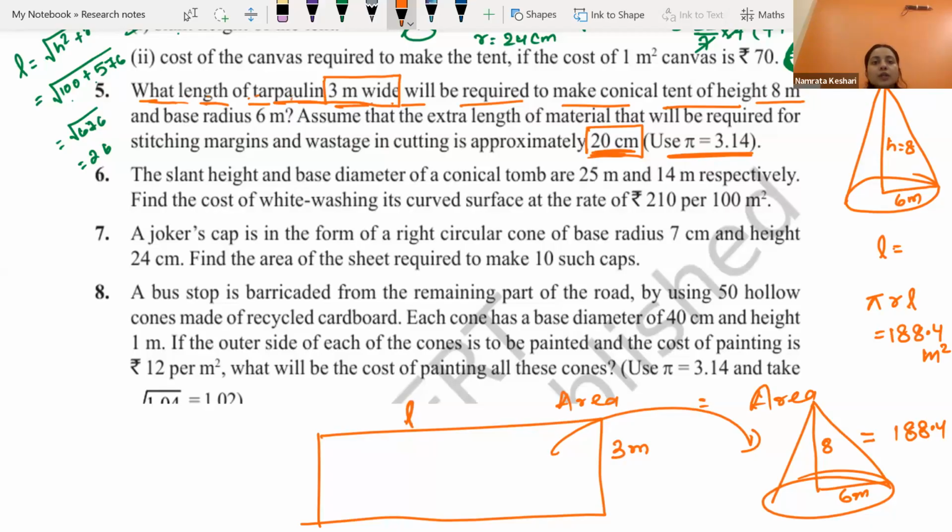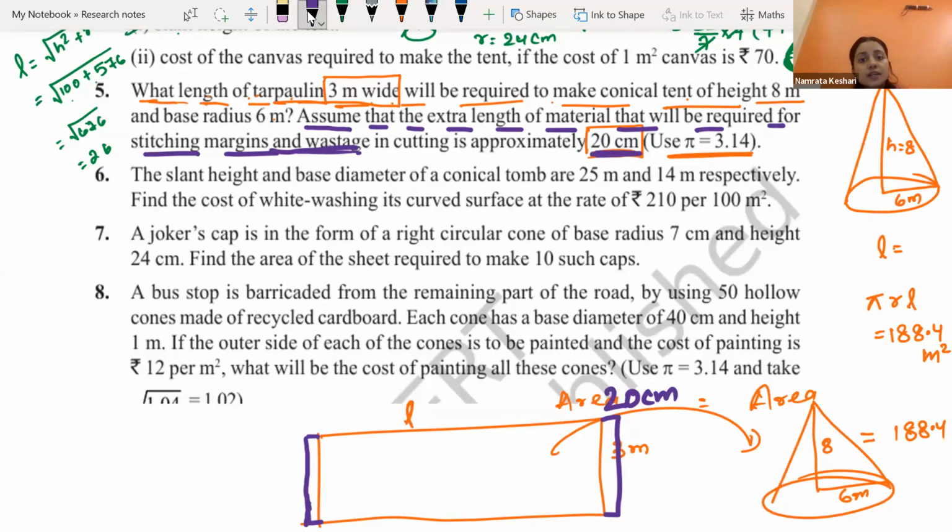Assume that the extra length of the material that will be required for stitching, the margin and wastage in the cutout portion, is 20 centimeter.